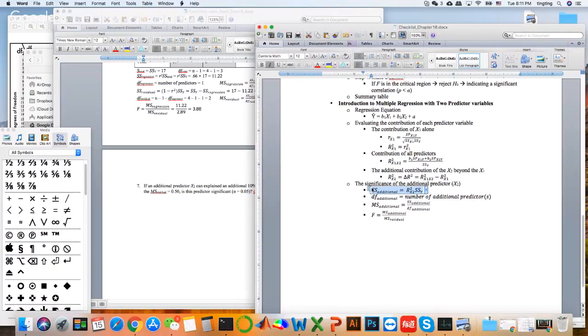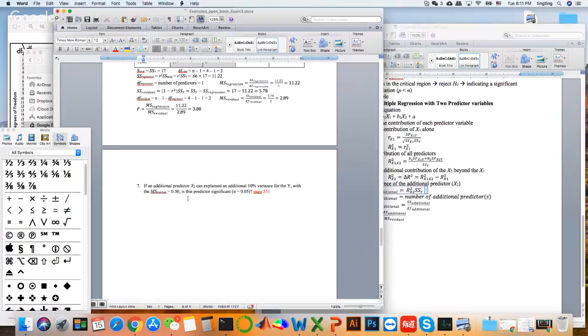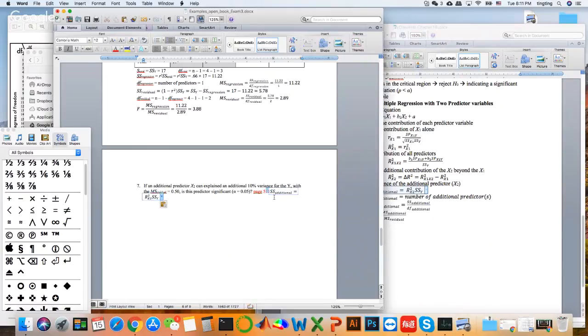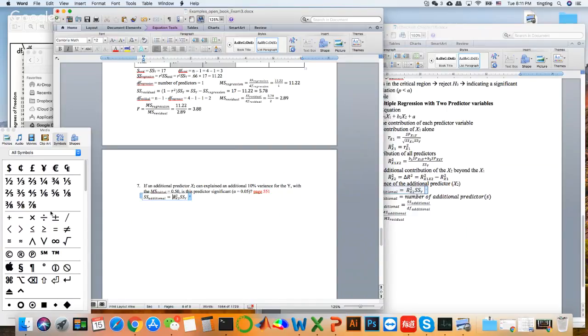The SS additional equals the delta R square times SSY.